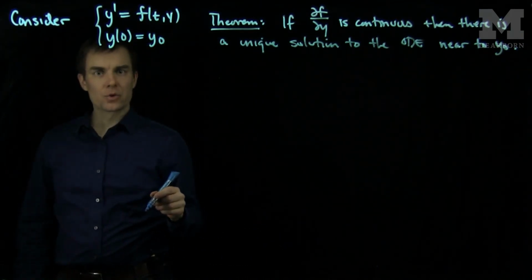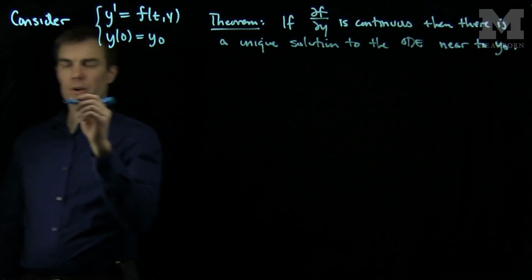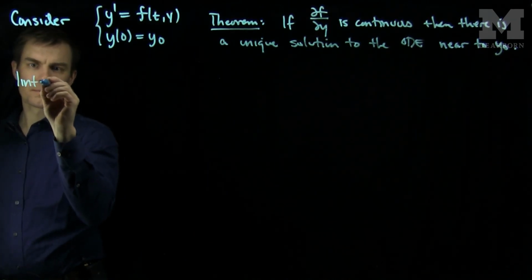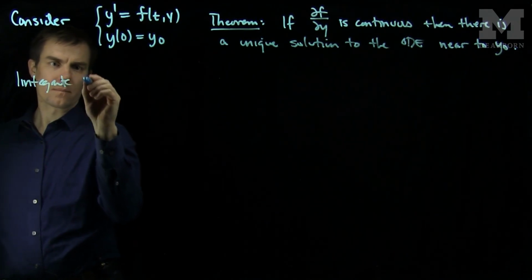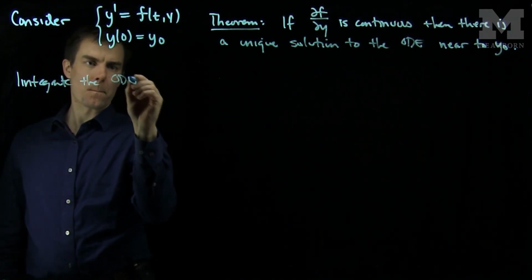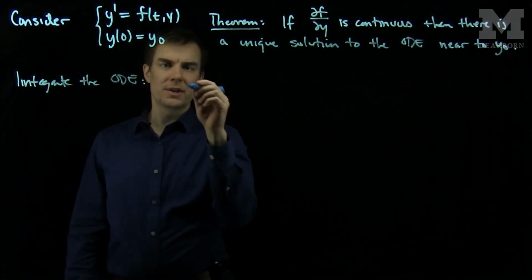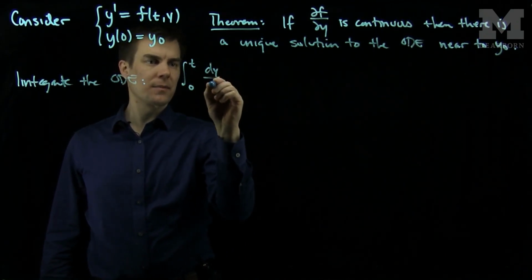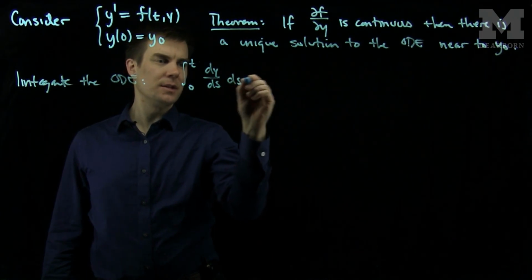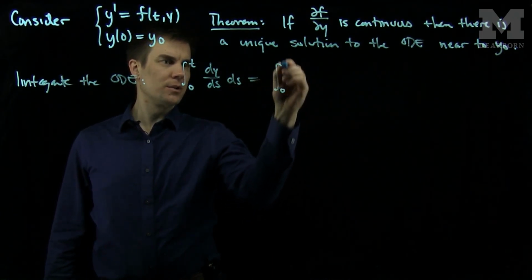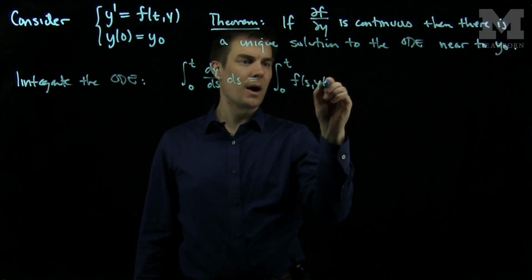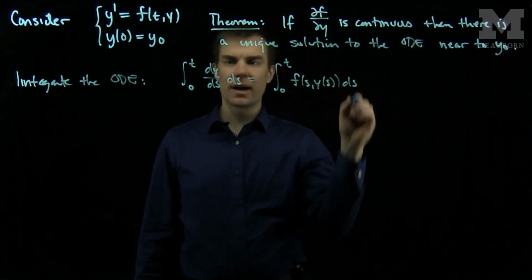And the method by which we do this is we construct an integral equation. So if we take our ODE and we integrate the ODE, we'll see that if I integrate from 0 to t of dy ds, that will be the integral from 0 to t of f of s, y of s, ds.